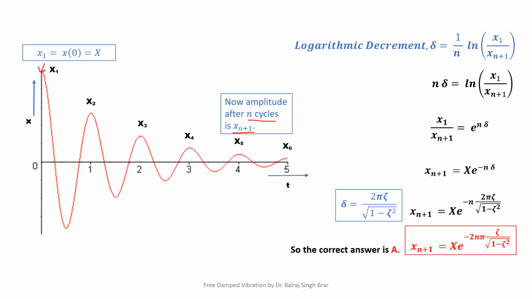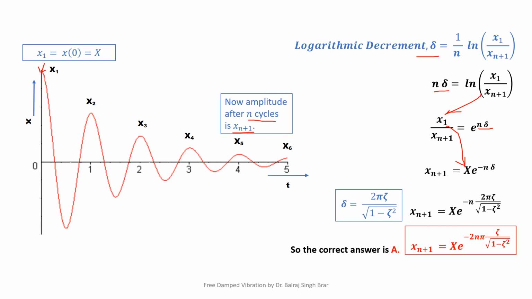So from definition, logarithmic decrement is 1 by n natural log of x1 by xn plus 1. Solving, n delta becomes natural log of x1 by xn plus 1. x1 by xn plus 1 becomes e raised to power n delta. Now putting value of x1 equal to capital X maximum amplitude, xn plus 1 is capital X e raised to power minus n delta.